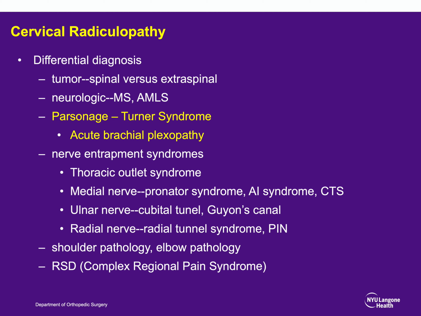One diagnosis that I would emphasize is Parsonage-Turner syndrome, which is also acute brachial plexopathy. This can oftentimes present with symptoms consistent with severe acute cervical radiculopathy.